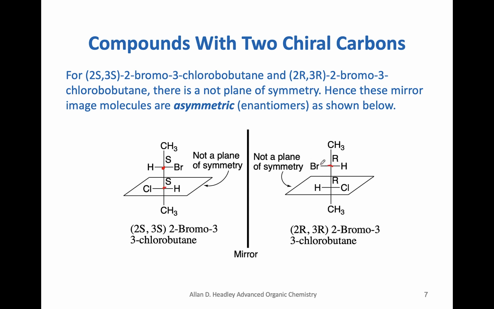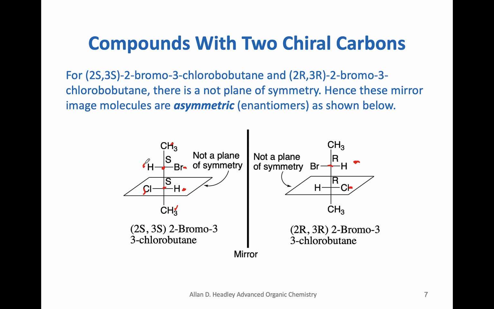So the mirror image would be S and R and S and R. But notice again that there is not a plane of symmetry as we have seen before for the meso compound, because this half does not reflect on that half. Same here, this half does not reflect on that half. So therefore, this is in fact an asymmetric molecule, and they are enantiomers.